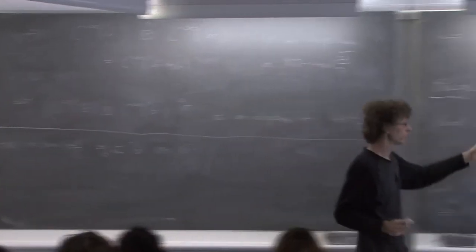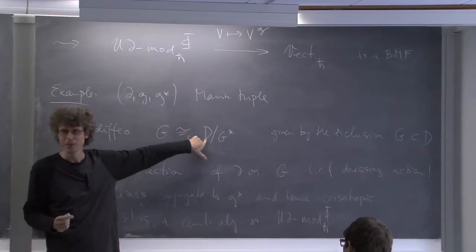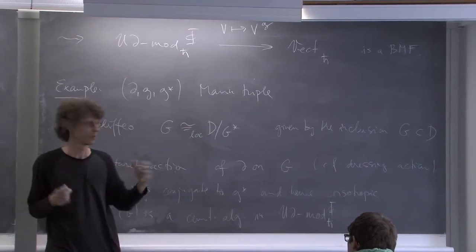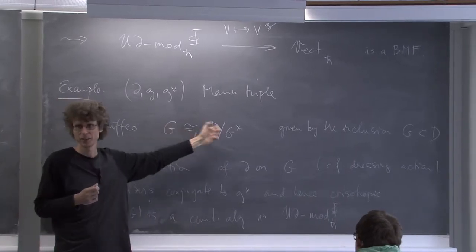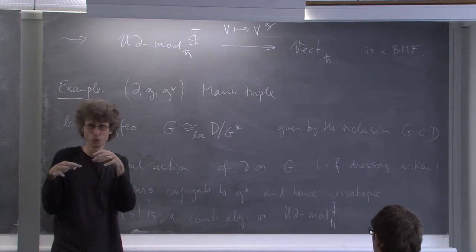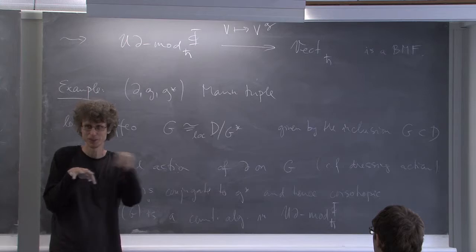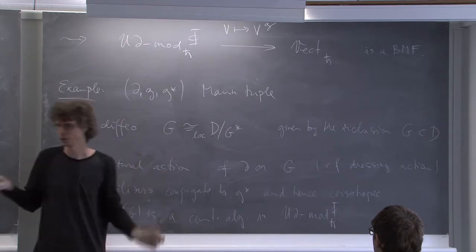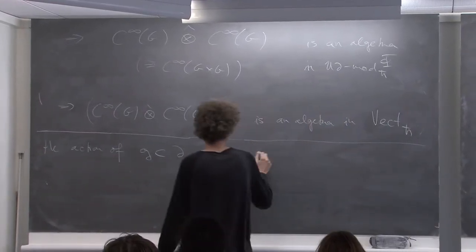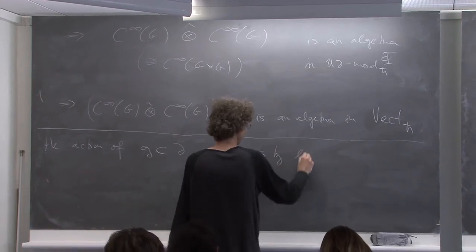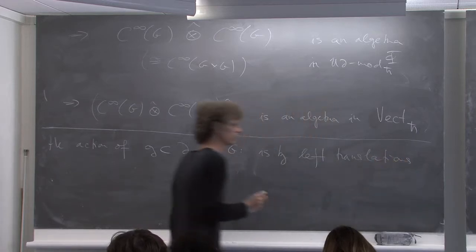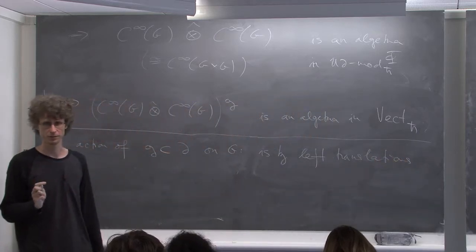The action of D is just the action on D by left translations, but then we need to somehow project it down to G. But the action of G as a part of D is simply by left translations, and there is no work projecting it back to G. It just stays within G. So that's why this action of G on G is simply by left translations, or by right invariant vector fields or something, I don't know from which side.